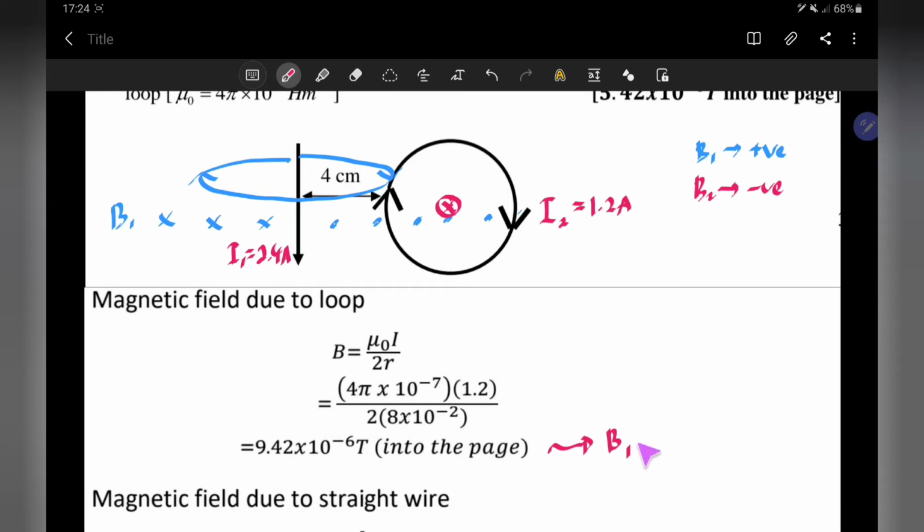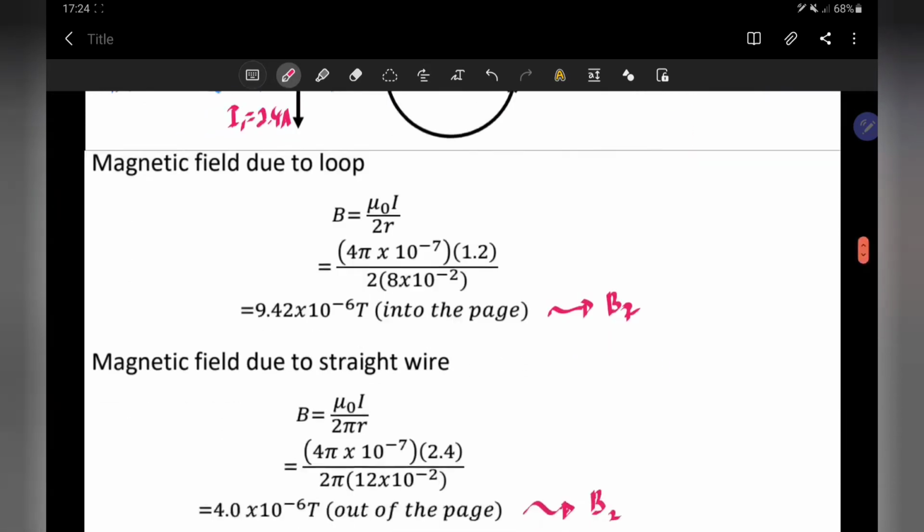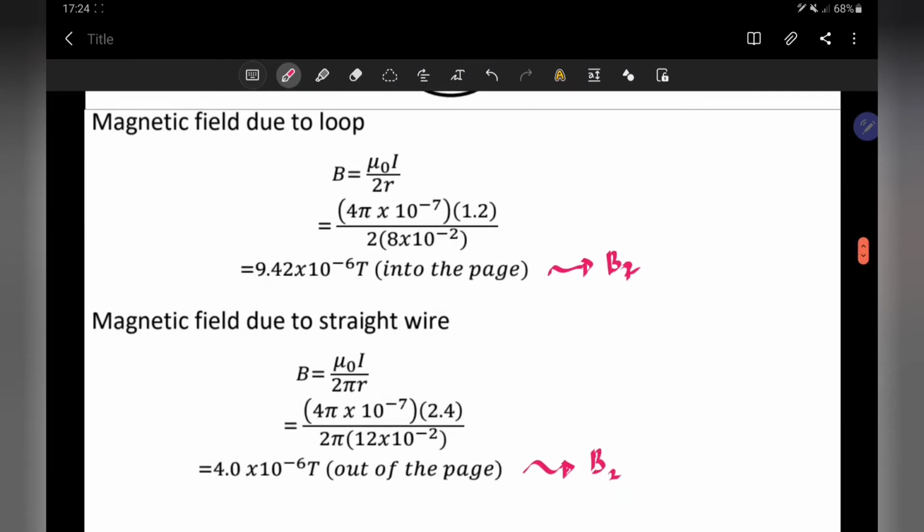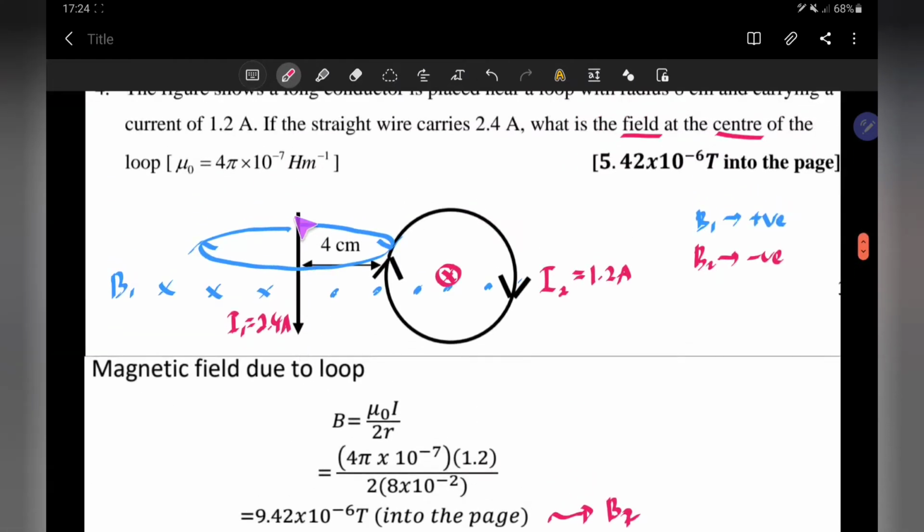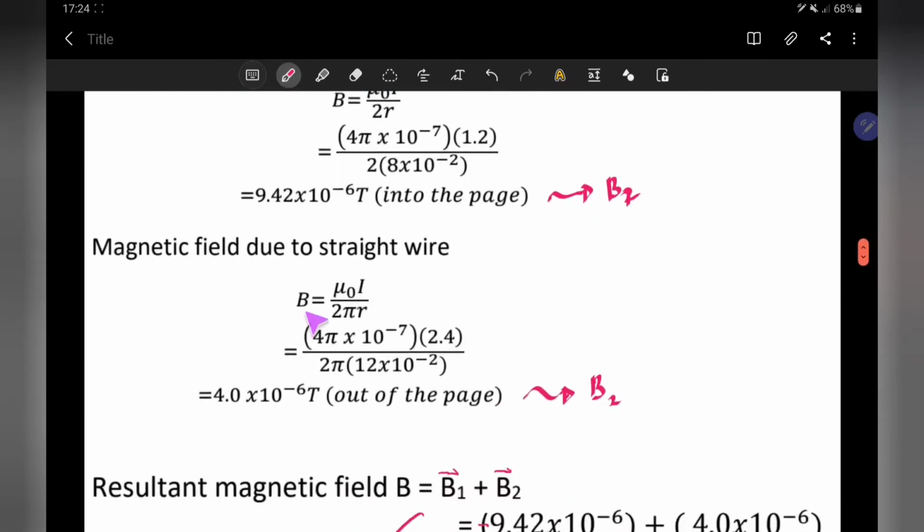So this is B2. And then we calculate B1. B1 is from the straight conductor, so the equation is B equals mu naught I over 2 pi R. The current is given already.